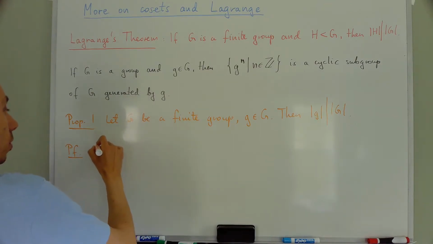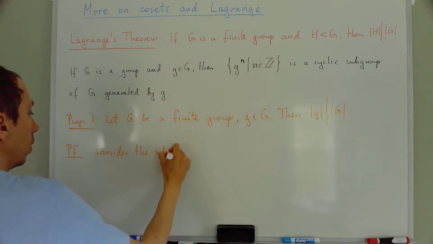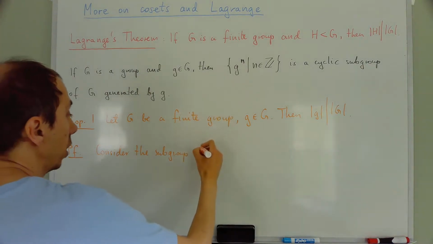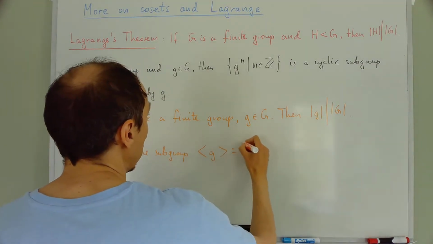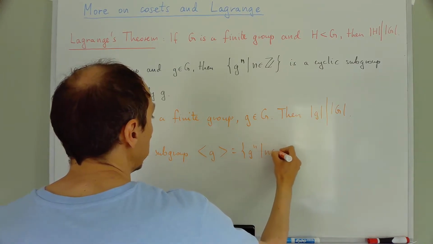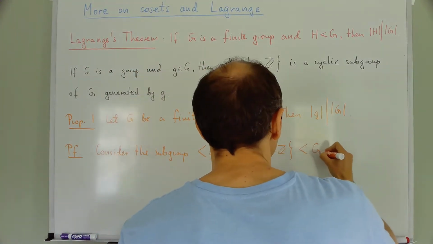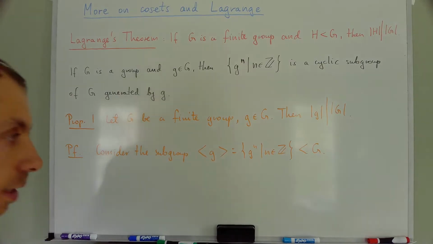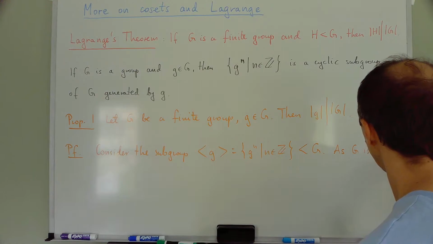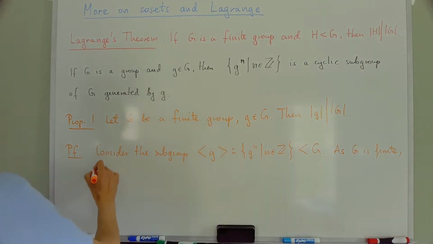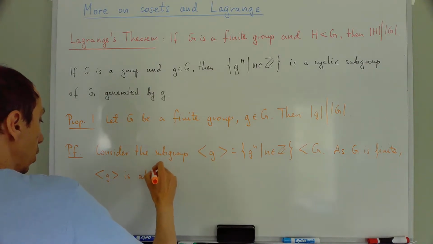So consider the subgroup, the one I was just talking about, which I'm going to now write like this, the cyclic subgroup generated by g. So in other words, that's g to the n, n in Z, in G. As G is finite, this subgroup also must be finite.